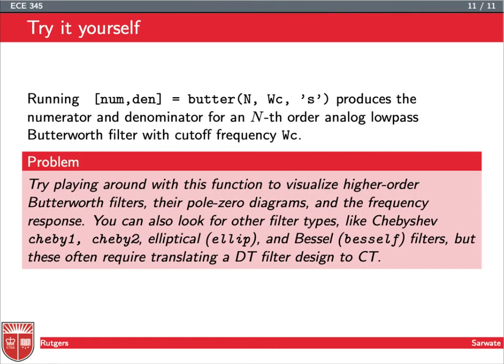Okay, so to try these things for yourself, you can use the butter function in MATLAB. It always makes me giggle. So butter is for Butterworth. You provide it an order n, so this is the order, and this is the cutoff frequency. And this says give a CT filter.